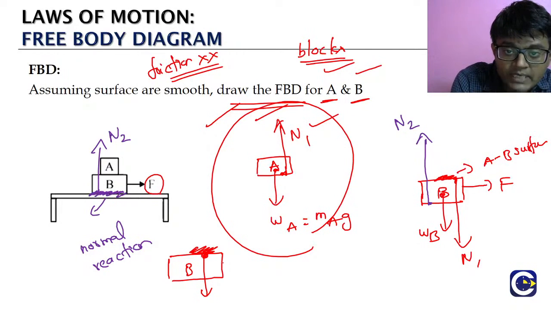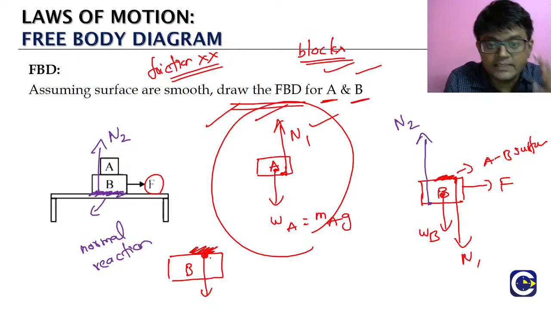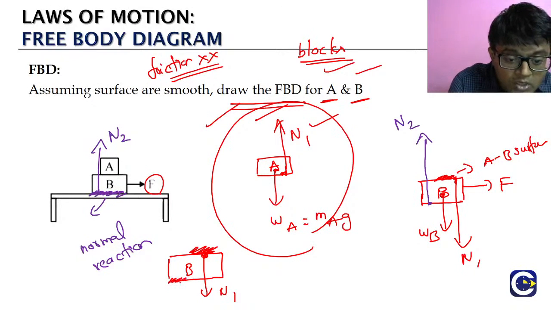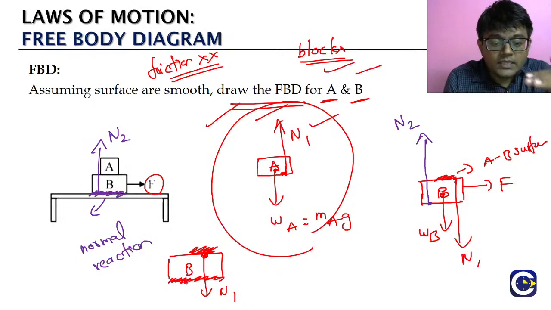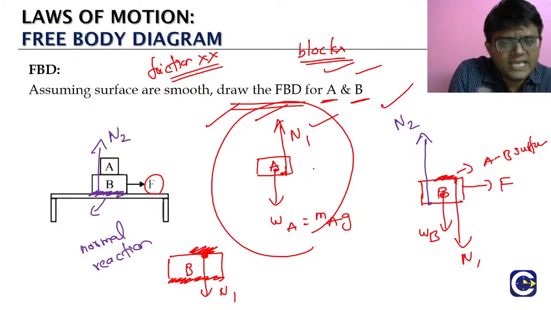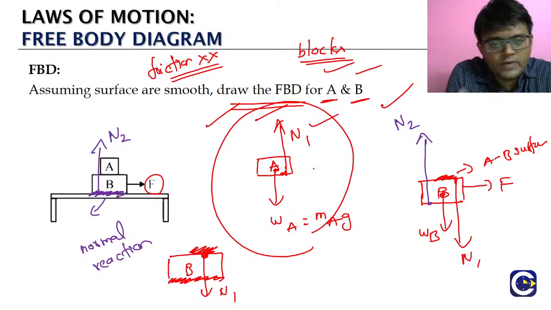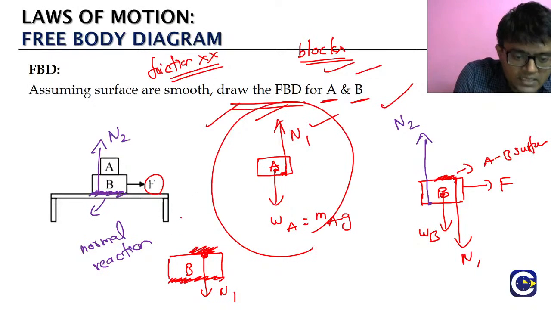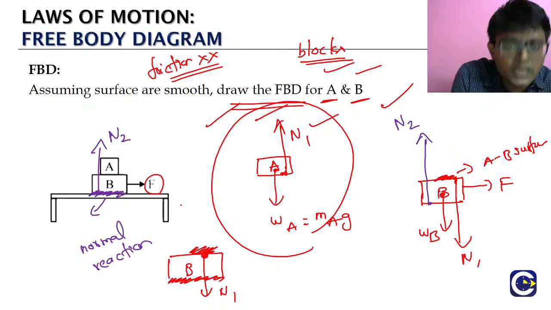Wherever you take it, the normal reaction acting on a body will always be into that object. Okay? On the contact surface it will be into B. This is N1. Then there is one more normal reaction between the surface of B and the table surface. We take its value as N2. We do not know the values; we do not know the value of N1, nor the value of N2. But we generally represent this by a symbol, N2. Okay?